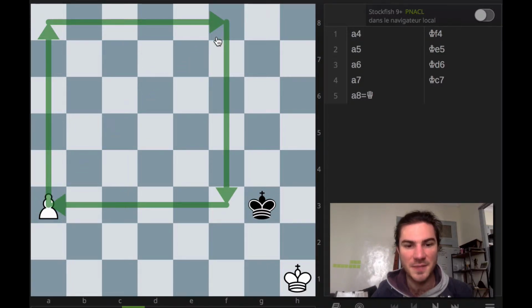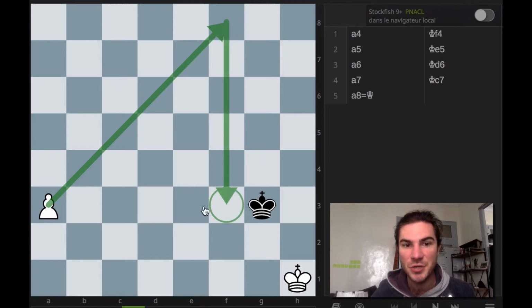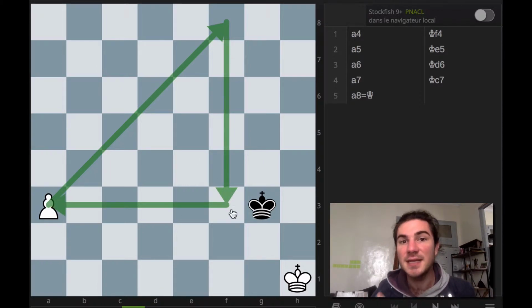Now, if the king can get inside of this square, remember, pawn, draw a diagonal to the back rank, back to its own rank and to itself, he can draw. But if he can't, white promotes.